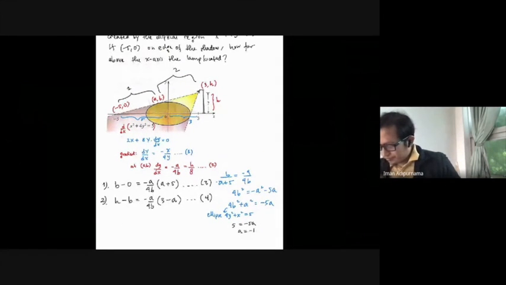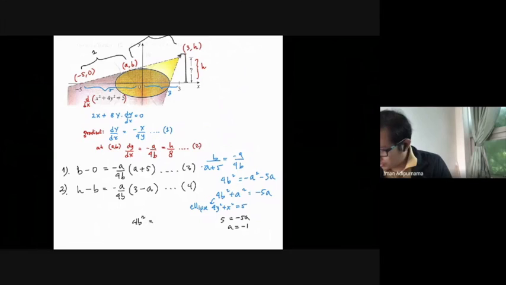And then we can solve the other part. For b squared is 1 minus or plus 5, or minus 1 plus 5. So 4b squared is 4.